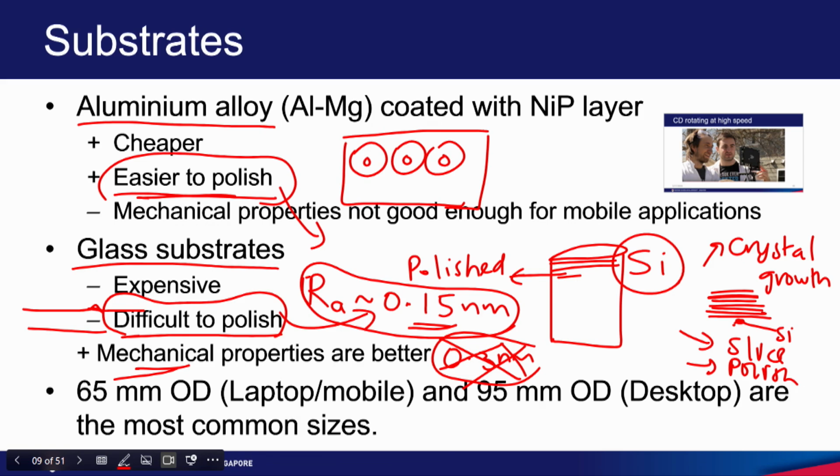To give you some perspective, one famous company which makes ceramic plates came to meet us saying they want to enter into the hard disk industry. They wanted to make ceramic substrates for hard disk application.